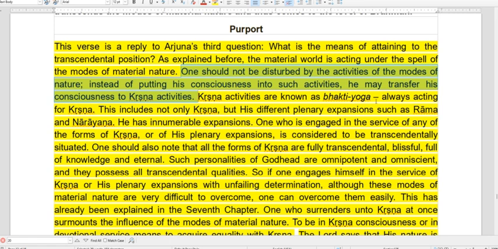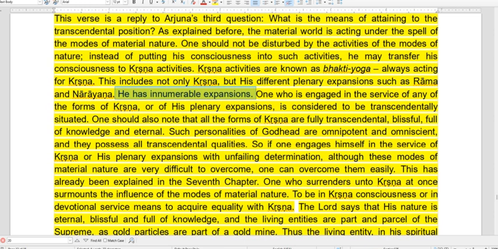Krishna activities are known as Bhakti Yoga, always acting for Krishna. This includes not only Krishna but his plenary expansions such as Rama, Narayana, Narasimha, Varaha, Matsya, Kurma, everyone. He has innumerable expansions. One who is engaged in the service of any of the forms of Krishna or his plenary expansions is considered to be transcendentally situated.